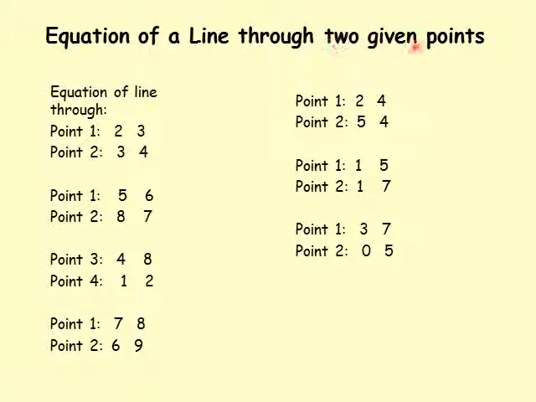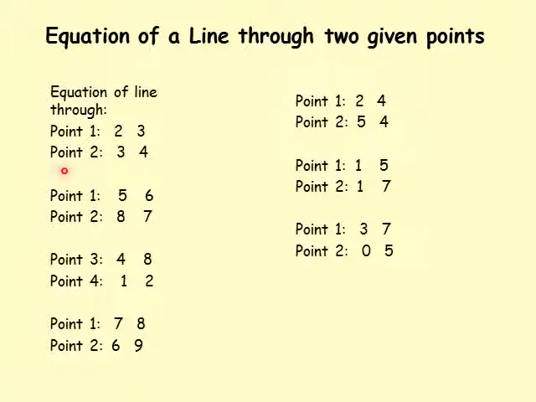Okay, we will have some examples to work on for the equation of lines. Here are the two points for the first example, (2, 3) and (3, 4). We can do this one just by observation because 3 is 1 more than 2 and 4 is 1 more than 3. So y equals x plus 1 is the equation of the line for these two points. But just to prove that our sutra would give the same answer, let's subtract vertically. 2 minus 3, that's minus 1.